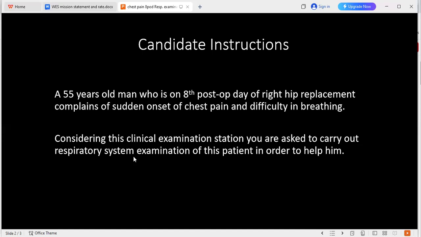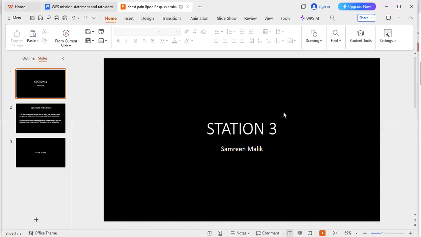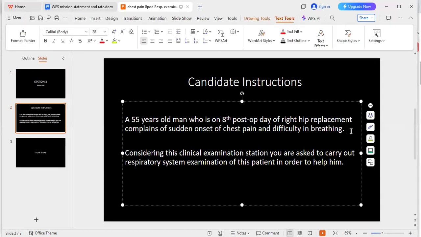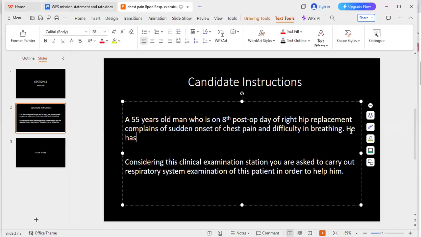Then I'll see for vocal resonance by asking the patient to speak a particular number or word and then feel for vocal resonance. Then I'll do the percussion, in the front and in the back. I'll see how the percussion tone is, if at all it is getting dull or not.